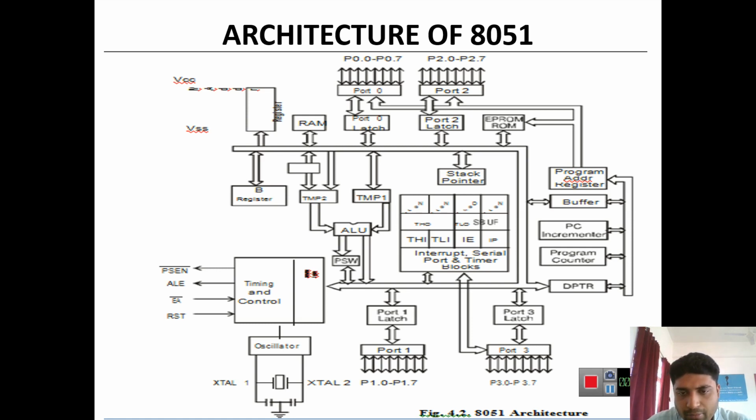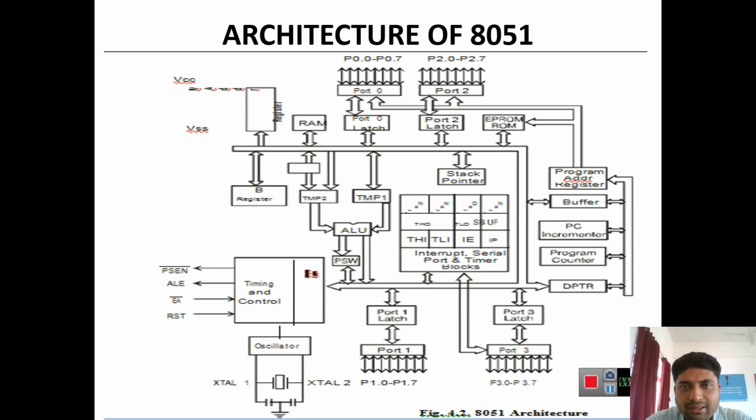On the right-hand side of the block, we have a buffer, program register, PC incrementer, program counter, and data pointer. We all know these concepts from the microprocessor. Then we have the oscillator, which provides the timing circuit for the microcontroller, an address latch enable, and the reset function. These whole components make up the microcontroller architecture.